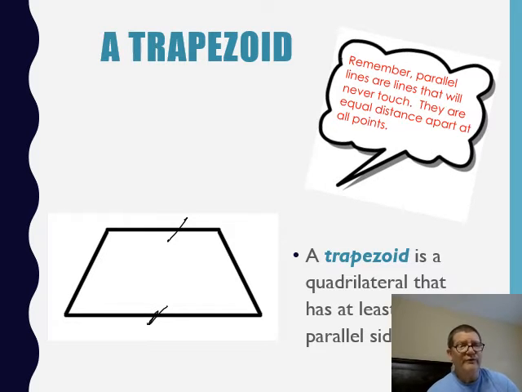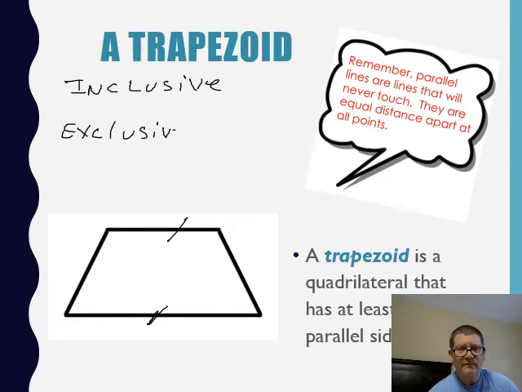There's 2 different definitions of trapezoids. There's inclusive and there's exclusive. And these are definitions. If you go on the internet, you'll find all kinds of controversy on what is a trapezoid. Well, what they're talking about is inclusive.